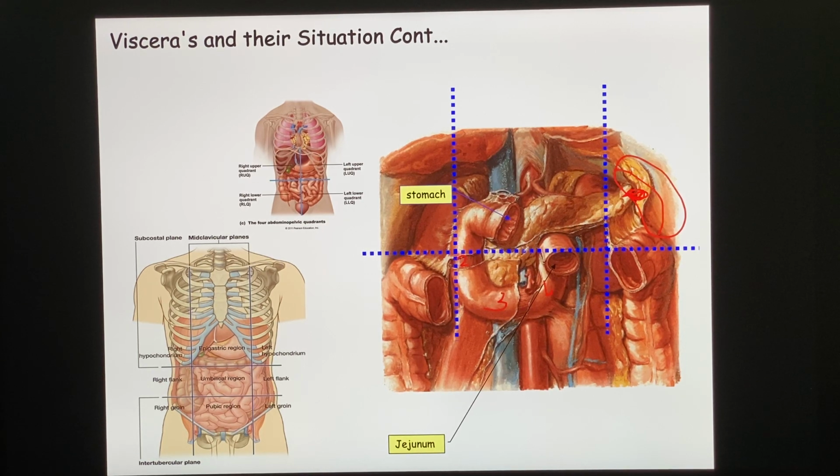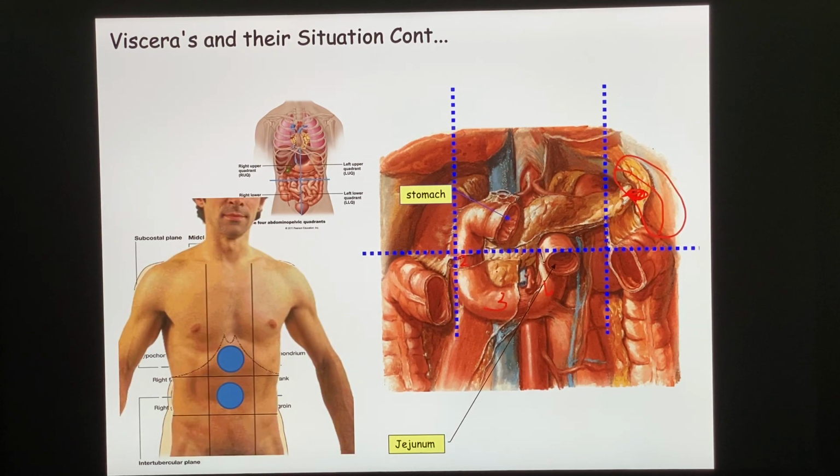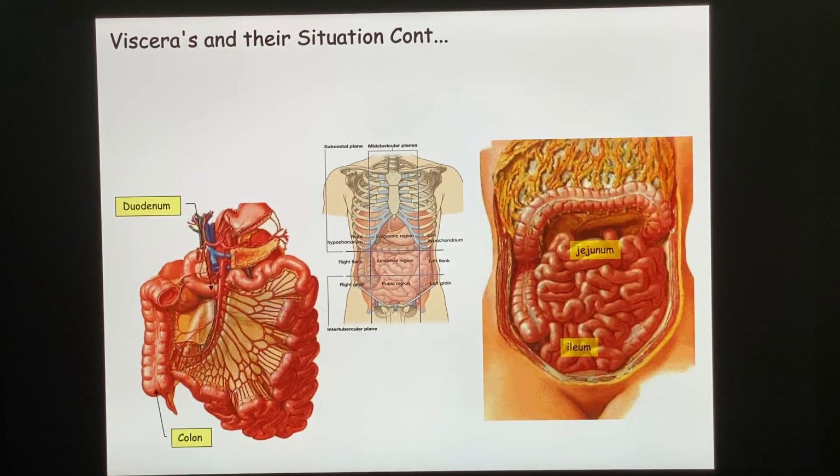So the pancreas is seen in all three parts, including the umbilical region, but the majority of it is seen in the epigastric region. And a small bit related to the spleen is seen in the left hypochondriac region. Am I clear, guys? So those are the two main ones, the epigastric and the umbilical region.